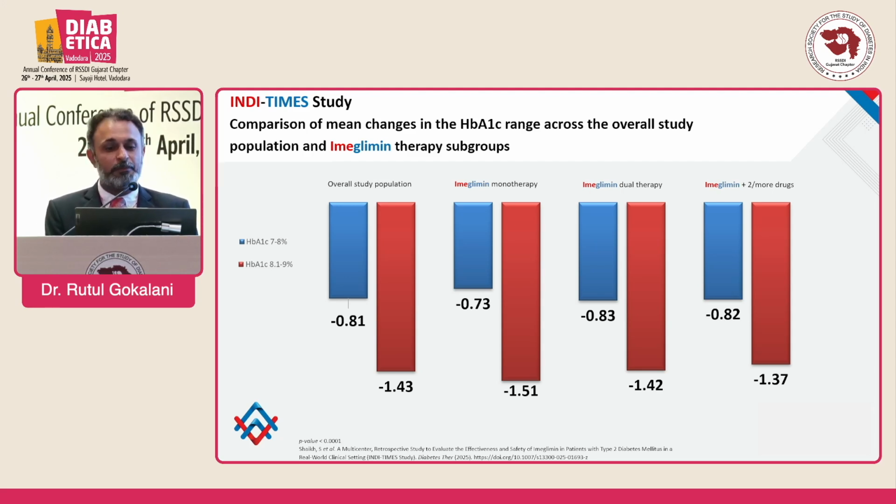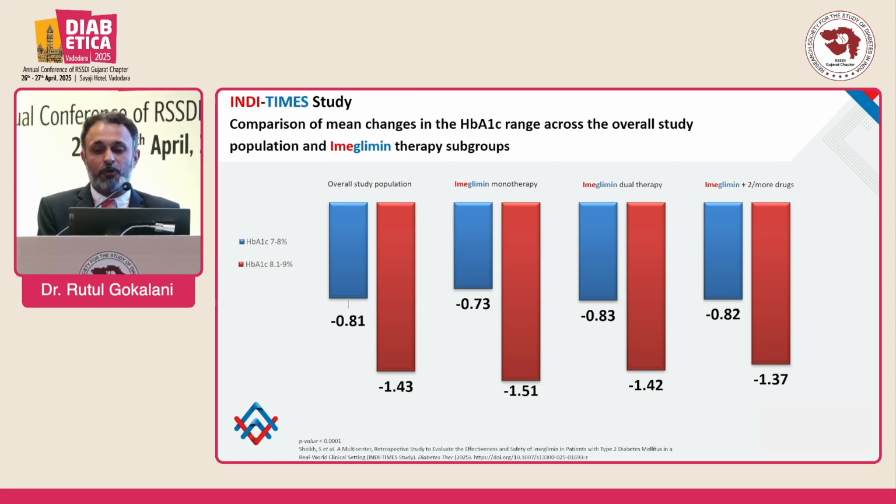If imeglimin was used as monotherapy, then with higher HbA1c the reduction was around 1.5%. In dual therapy, it also showed 1.4, and imeglimin plus 2 or more drugs showed 1.3% of HbA1c reduction.